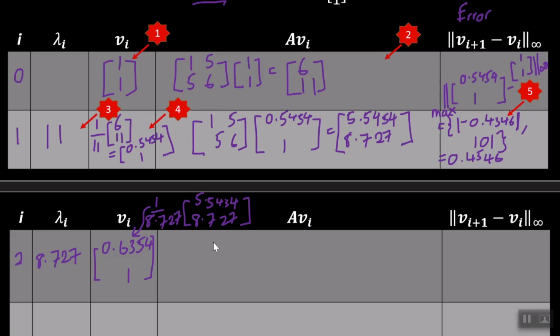So AV2 would be, A remains the same, 1556 multiplied by the new V, 0.6354, which gives us 5.6354, 9.177.